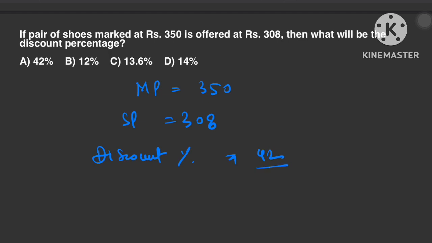So it will be 42. We subtract it here, we'll get 42 upon 350. Discount percentage is always on the mark price. Fine, we will solve it. 12%. 12% will be your answer. Option number B will be your answer.